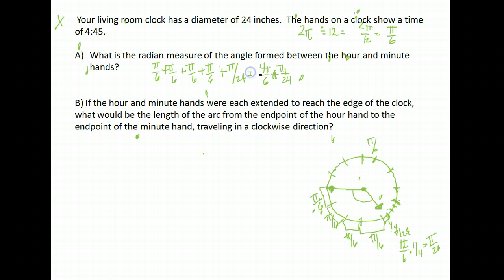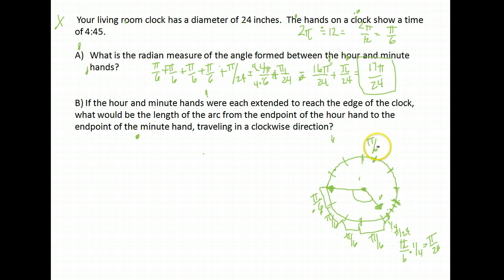If I get a common denominator here, I would do that by multiplying by 4 and by 4. And you probably have a fraction button on your calculator and you're way ahead of me. If not, we'll go through this, because I know fractions for some people are just harder. Okay, 16 plus 1 gives me 17 pi over 24. The radian measure of my angle is 17 pi over 24 for that situation.